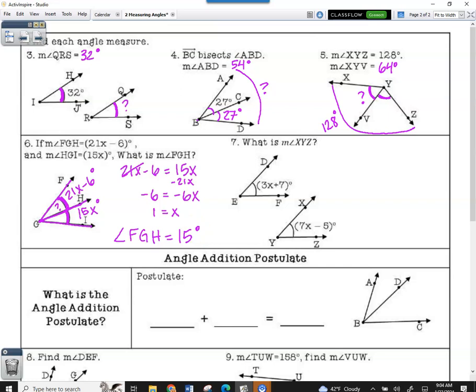All right, everybody try number 7. It says, what's the measure of angle XYZ? So this is the goal. Look at the picture. It's already laid out and labeled.